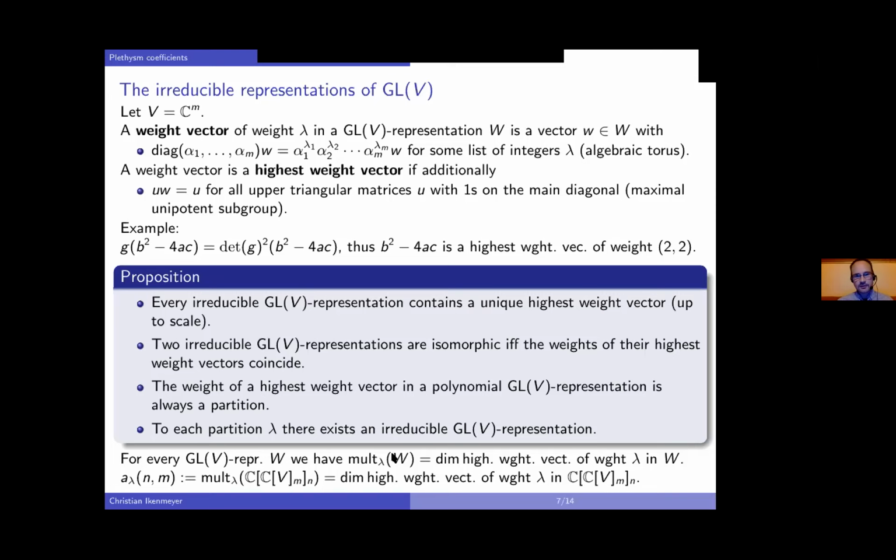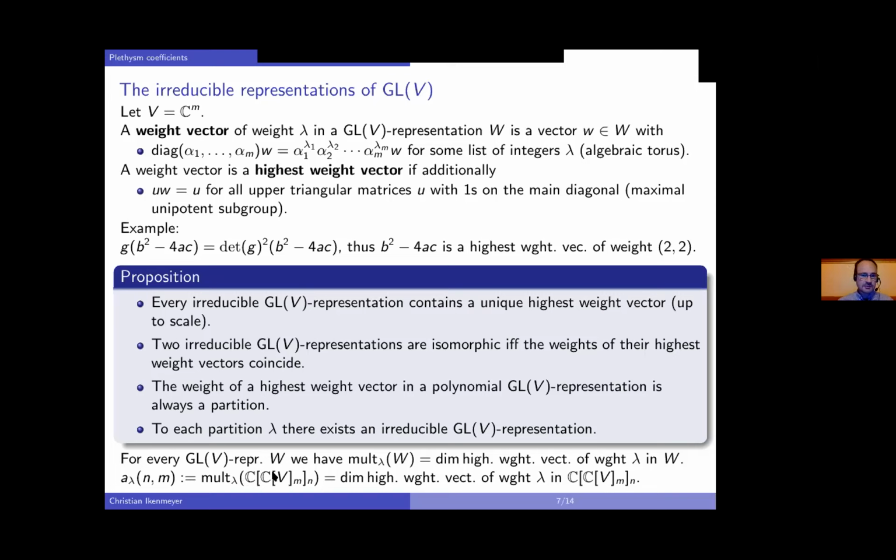So that is a very natural number to compute. And we can define now a Plethysm coefficient here, a lambda n m, which should be exactly a multiplicity like this, but for a very specific representation. In this case, it's exactly the representation that we were looking at. It's the homogeneous polynomials of degree m on some vector space V, and you take homogeneous polynomials of degree n on that space.